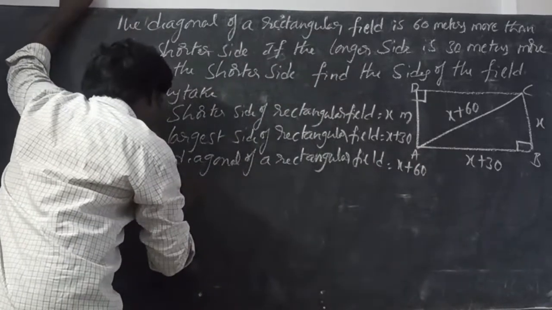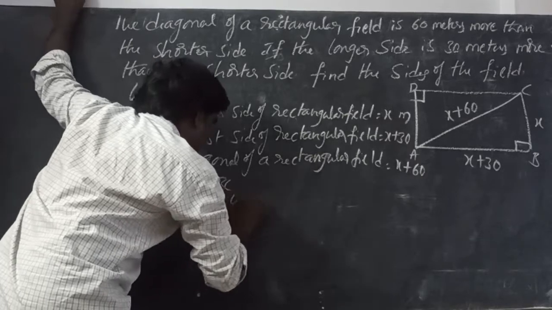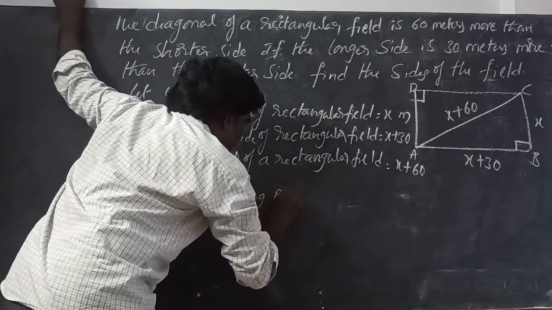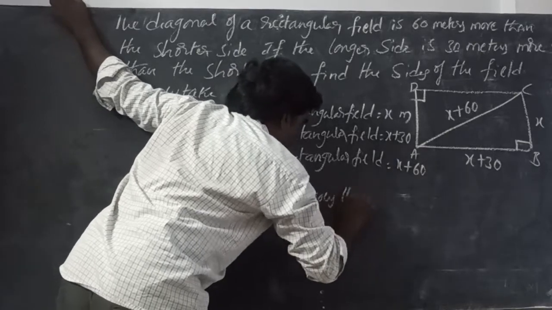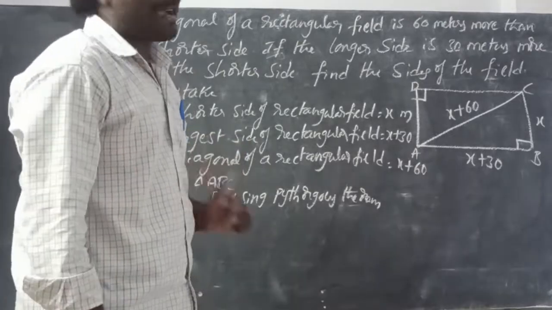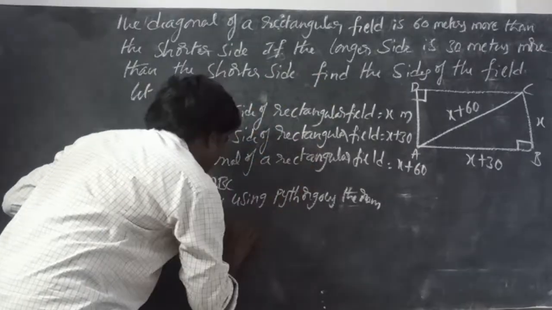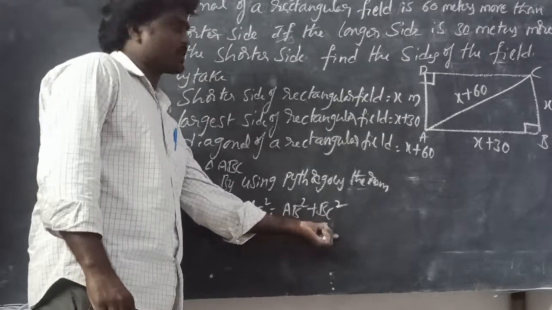In triangle ABC, by using Pythagoras theorem. Pythagoras theorem is what? Hypotenuse side square is equal to side square plus side square. So here AC square is equal to AB square plus BC square.